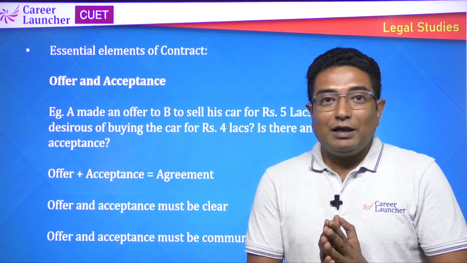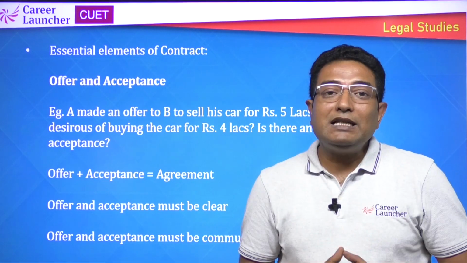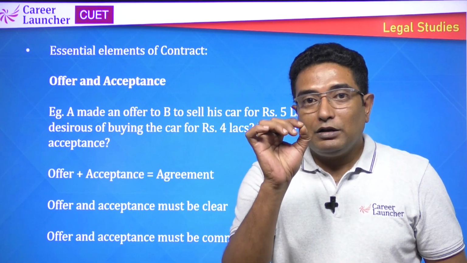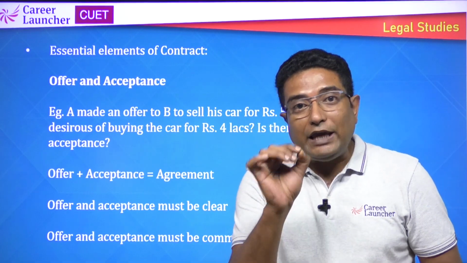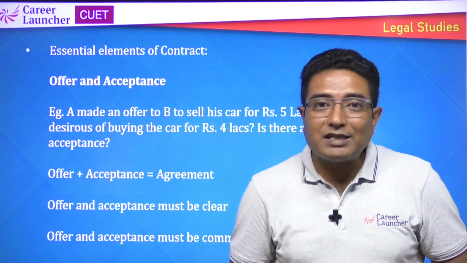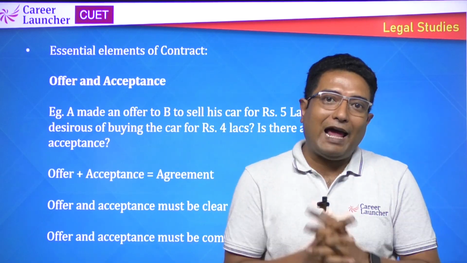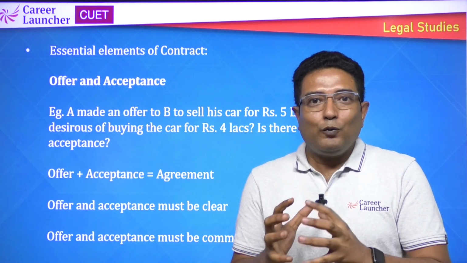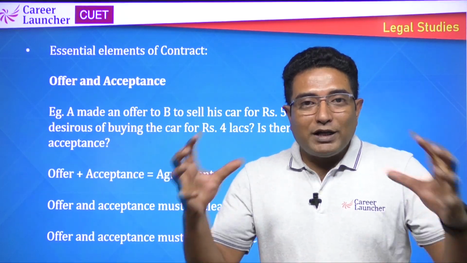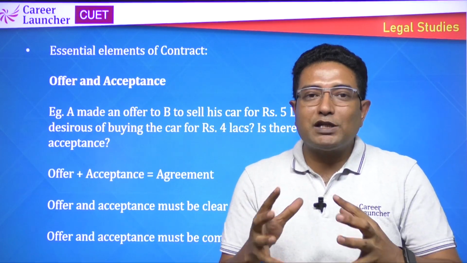Because the acceptance has to be the mirror image. Here, the terms change. The money which A is asking is rupees 5 lakhs, but the money which B is giving is rupees 4 lakhs. So it is not the mirror image which is being formed.